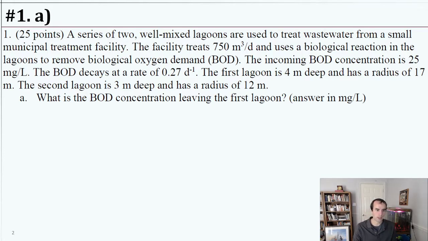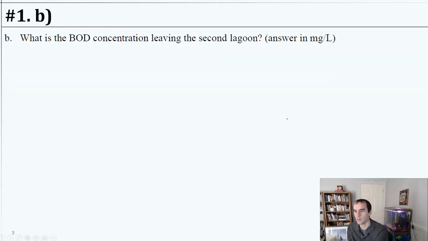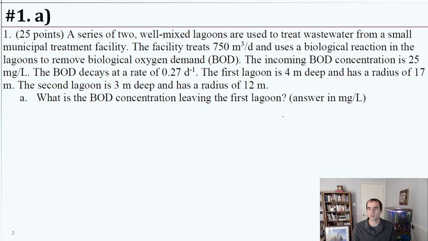Okay, so let's go ahead and essentially draw our system here. We have a series of 2 lagoons, so we'll draw these as circles. It said they're well mixed. We've got a flow rate coming in, and then it flows from the one to the next, also well mixed. Got a volume for this one and a volume for this one, and the Q's flowing out.